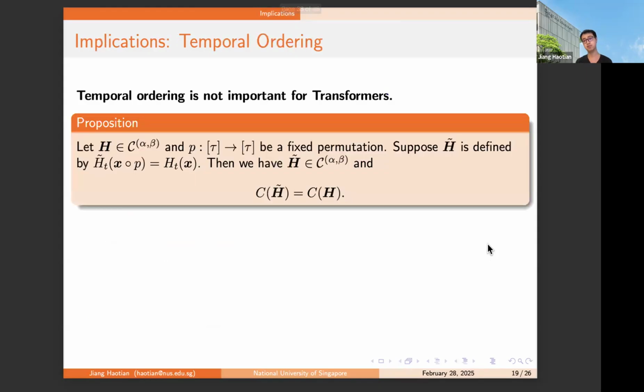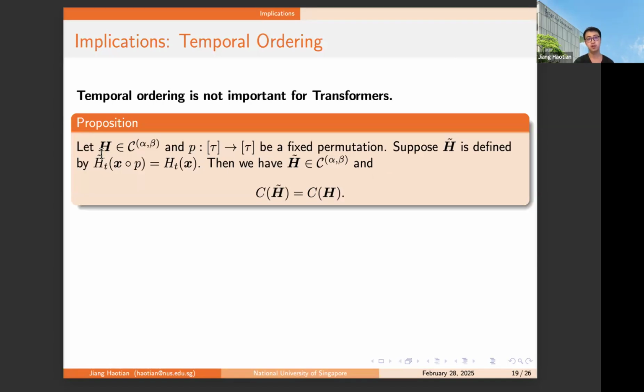Let's look at some implications from the approximation result. Recall that we want to answer the question: what is the difference between transformers and other architectures? The first implication is that temporal ordering is not important for transformers. What does this mean? Let's see this proposition.